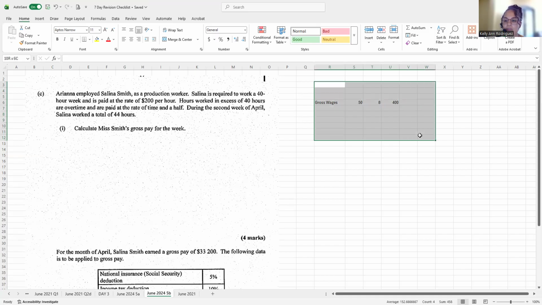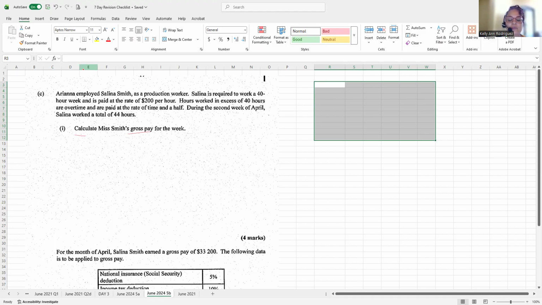So let's look at this question here, which is the next part of section 11, just part B of the same question, June 2024, question 5B. Looking at what they're asking you first, gross pay. You want to calculate gross pay. So Ariana employed Selena Smith as a production worker.